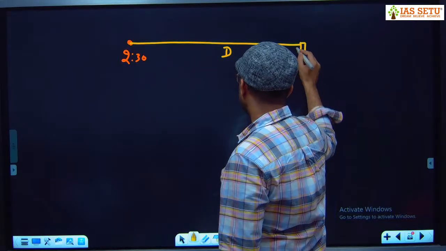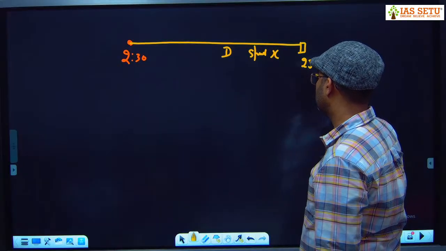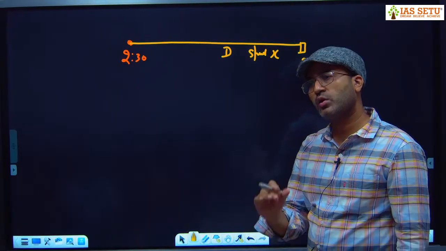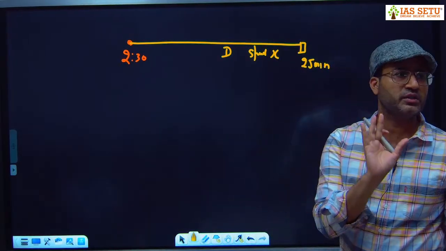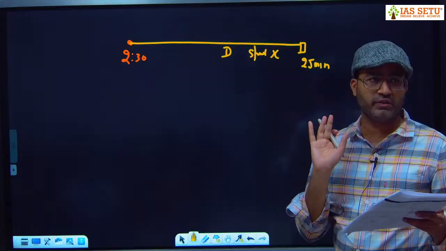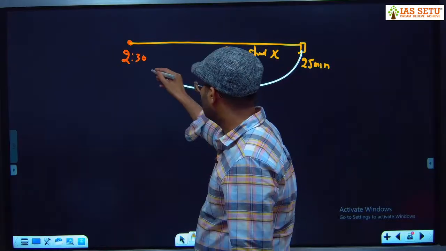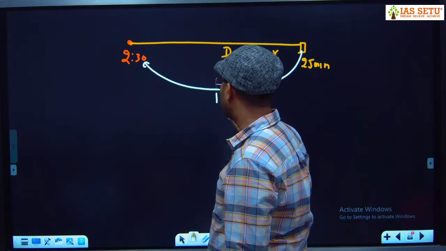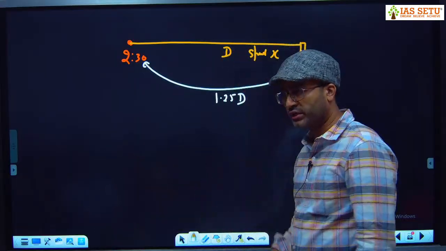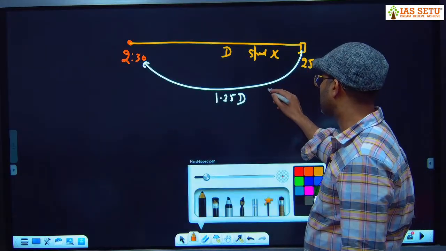He reached this point where he waited for 25 minutes. Whether he stayed 25 minutes by the village clock or his own clock, he stayed for 25 minutes in the village. Then he took another route, which is 1.25D, 1.25 times the earlier route, but his speed is 2x.